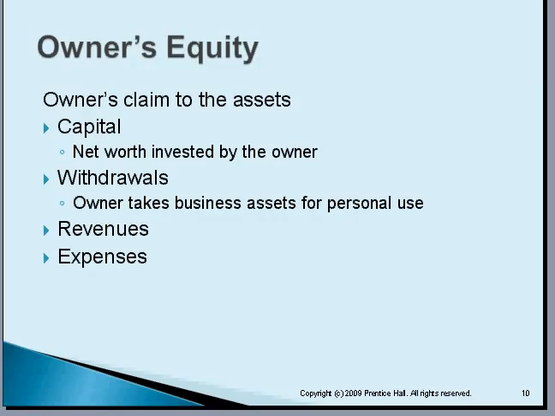Remember, we said earlier, owners do not get a salary, they get a withdrawal from the business. And of course, under owner's equity, you've got revenues and expenses. These are earnings coming in for services or product that we've sold, and these are expenses going out, expenses that were generated in earning these revenues.